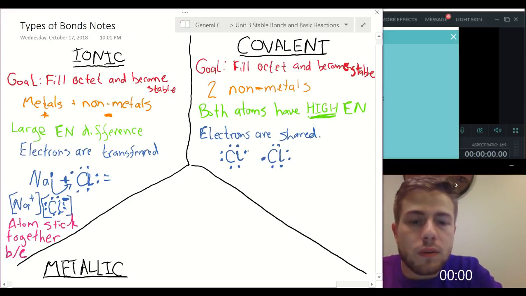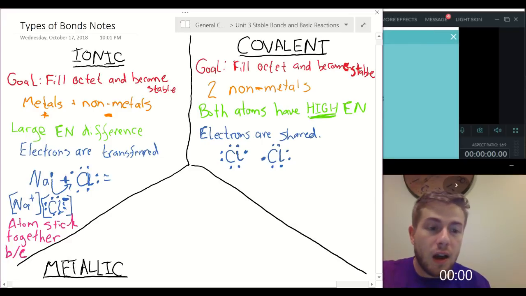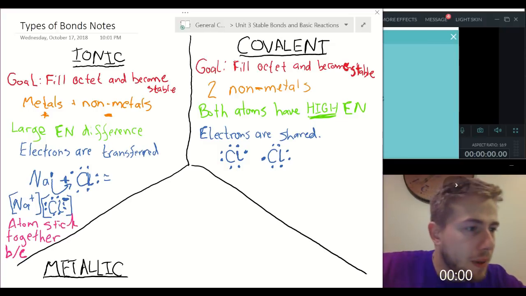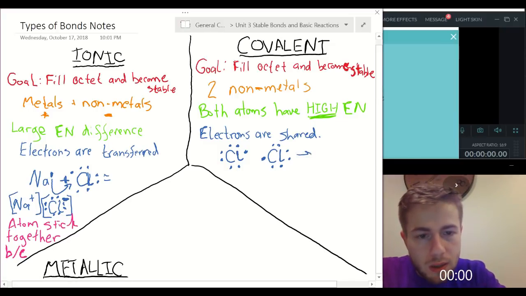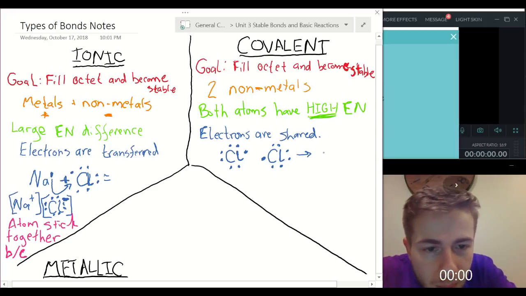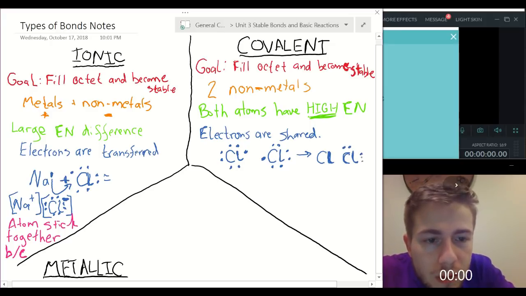Okay, so they're both really close to filling that octet, right? And so if they get together, they are going to share these 2 electrons in between them. So they both count as each other's octet. I'll show a picture of that. We have this chlorine and this chlorine, and I'm going to draw each one's original 7 valence electrons.